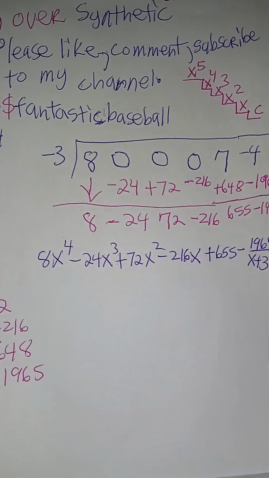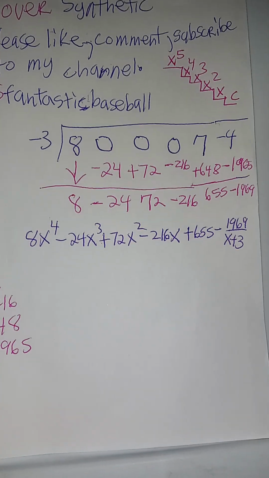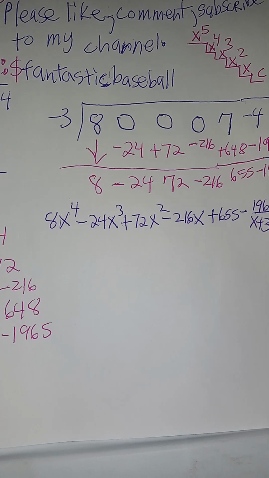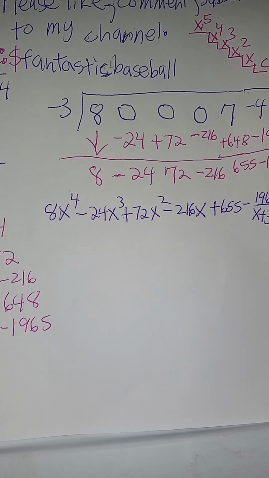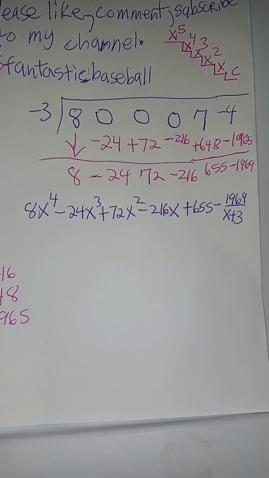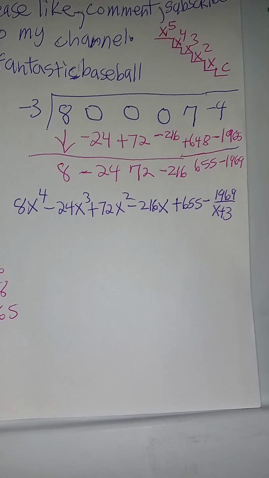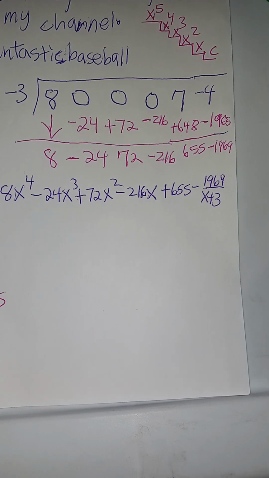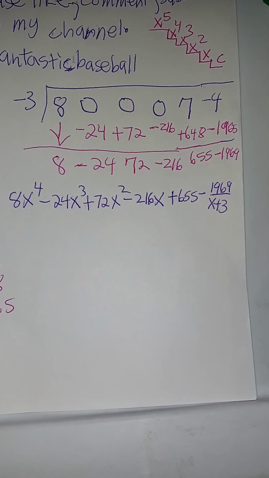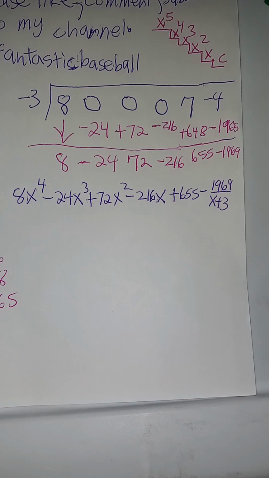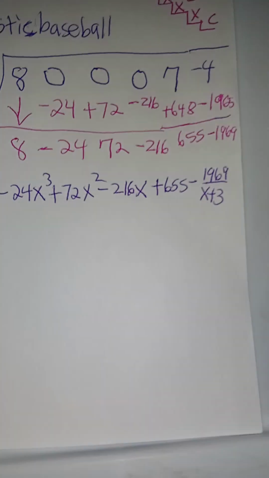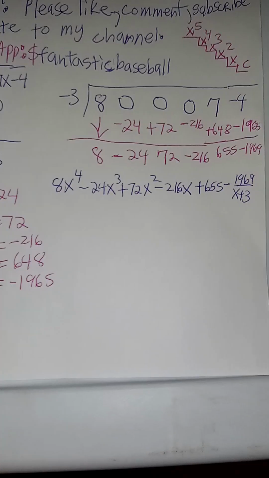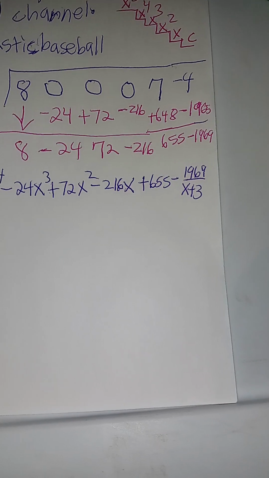So we drop down with the solution that we found in pink: 8x to the 4th minus 24x cubed plus 72x squared minus 216x plus 655, which is the constant term, and the remainder is -1969. And then we put it over the denominator of x plus 3.